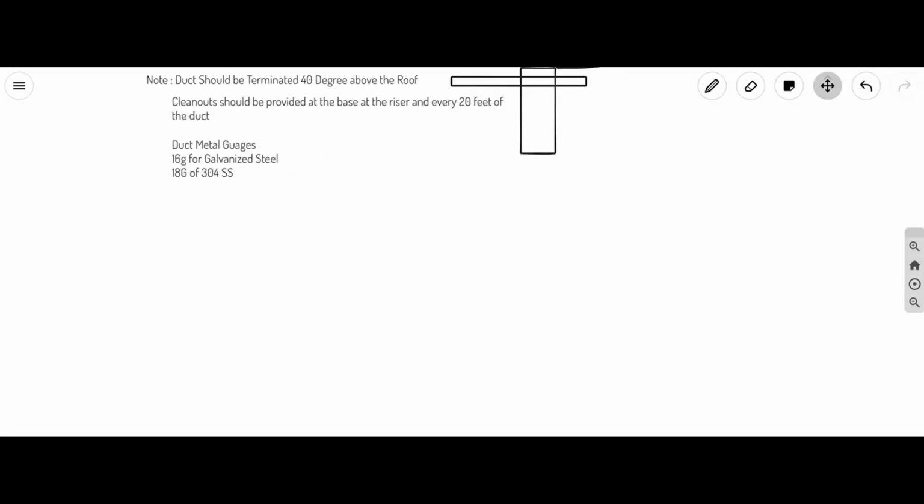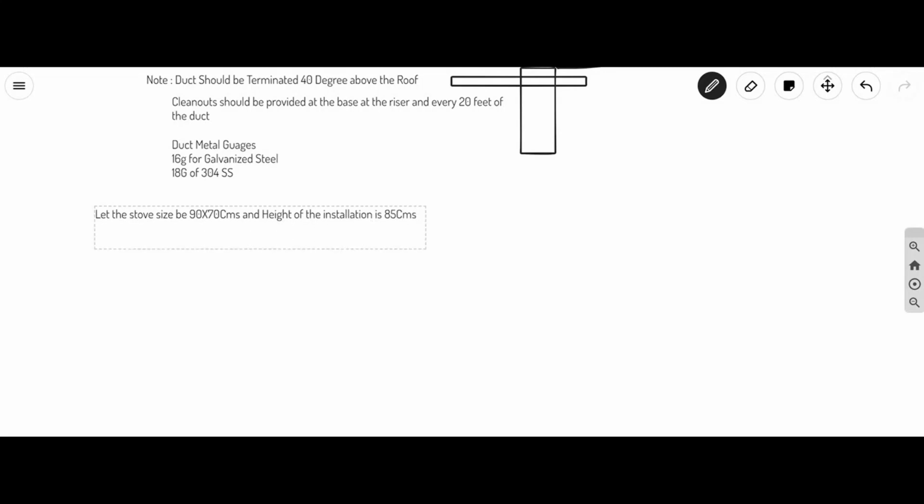Let's work on one small sum. Let the stove size be 90 by 70 centimeters and height of the installation is 85 centimeters.